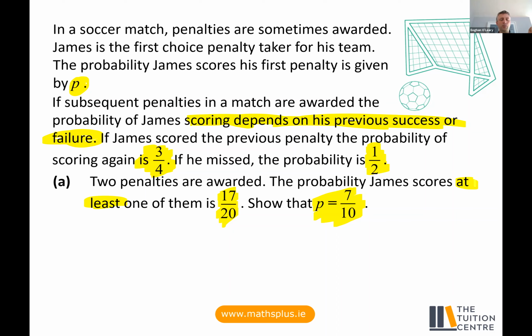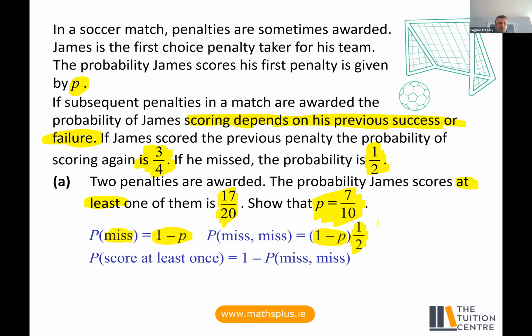We know the probability of him scoring is P, so the probability of him missing is 1 minus P. The probability of missing the second one, if he has missed the first one, is 1/2. So to miss the first and miss the second is (1 minus P) times 1/2. The probability of scoring at least 1 is 1 minus the probability of missing both, so that's 1 minus (1 minus P) times 1/2. And we know that's equal to the 17/20 from up here.